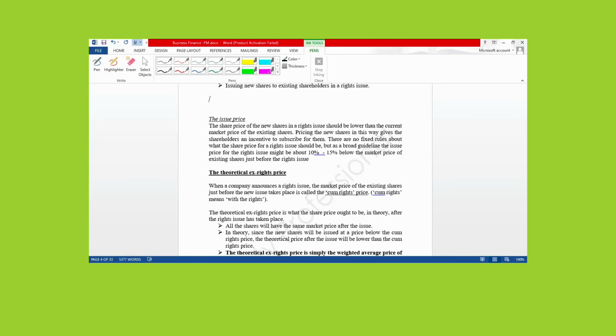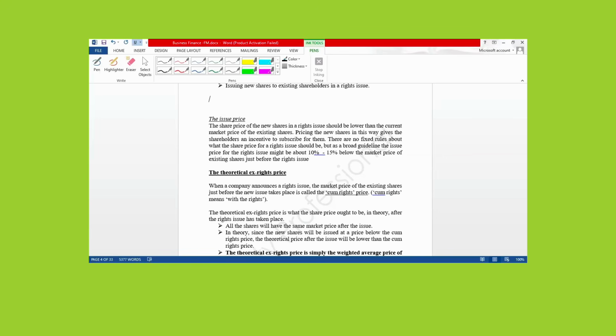That discounted price is called the issue price, the price at which new shares in a rights issue will be issued. That price is usually at a discount below the current market price of the existing shares.